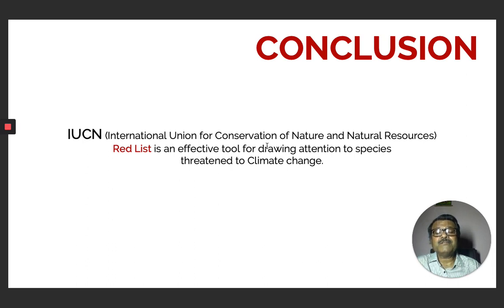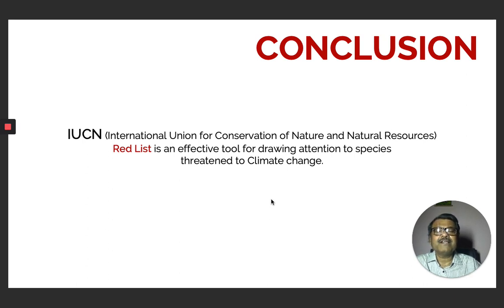Such species have been categorized by IUCN in the red list into various categories, and according to those categories we can plan various conservation measures to protect them. In that regard, IUCN has become a very effective tool to conserve our nature as well as our natural resources.